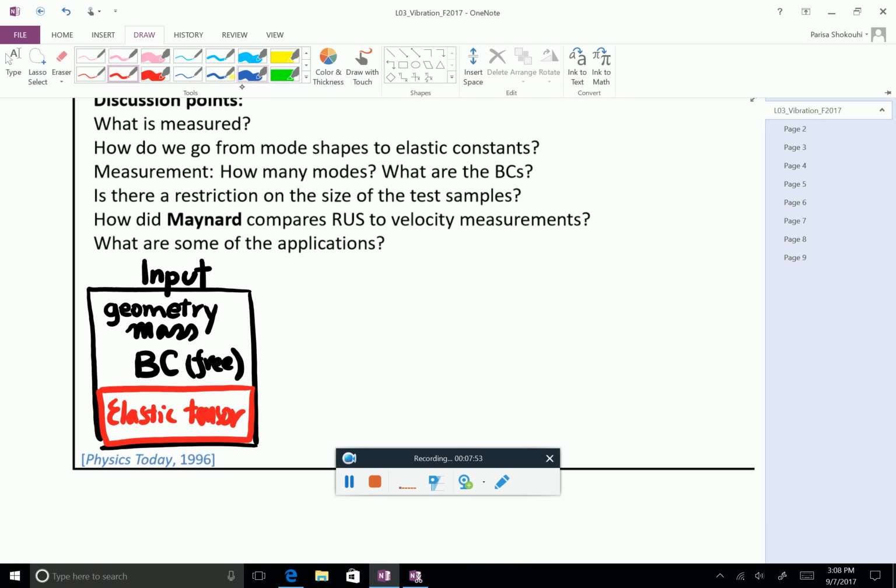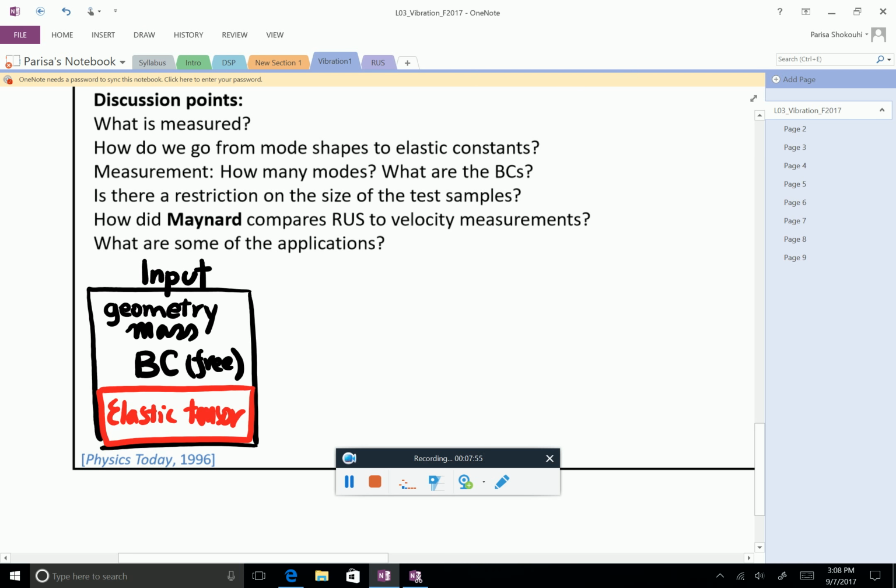Now, all of you told me that somehow you need to measure modes. But before that, you actually need to have this information. You assume a certain elastic tensor. You have the geometry, mass, etc. That's the easy thing. You have to have some forward model.